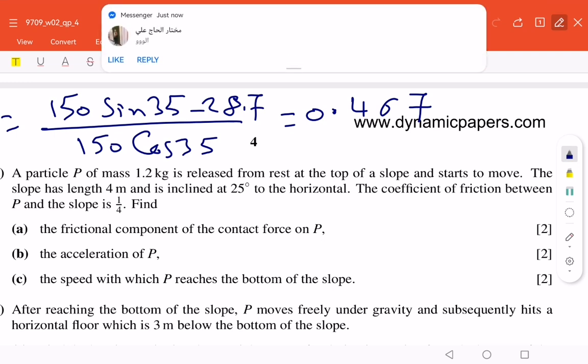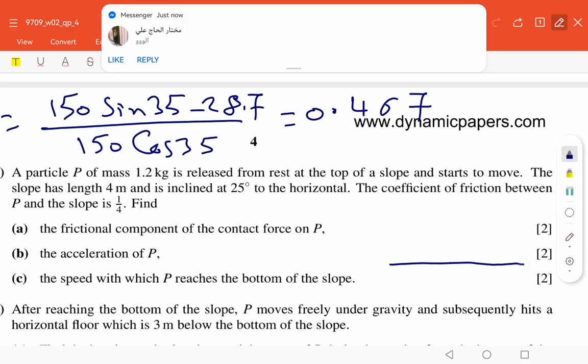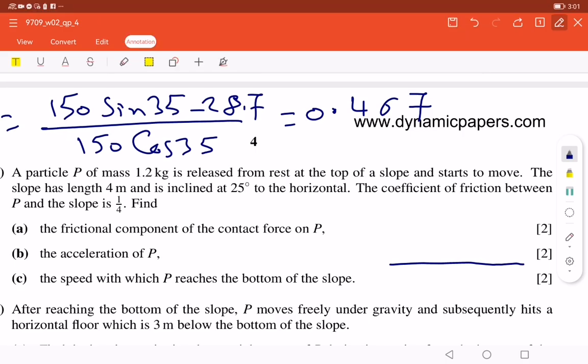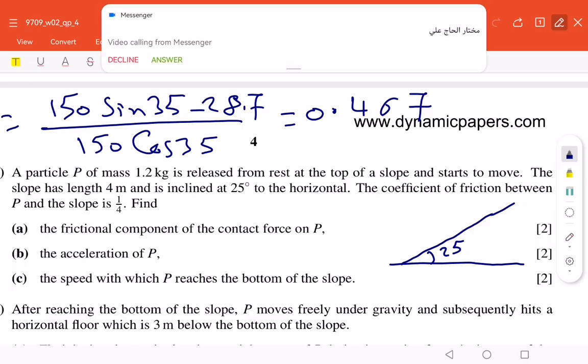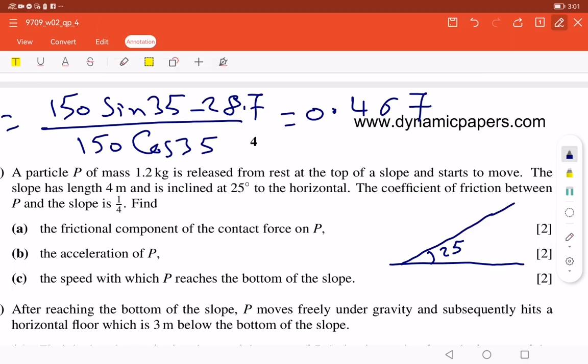For example, this is the ground, the horizontal, and this is the inclined plane, inclined to the horizontal with angle 25. It's okay. And this is our particle.